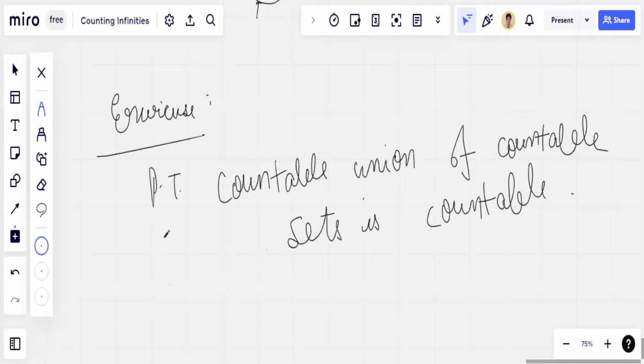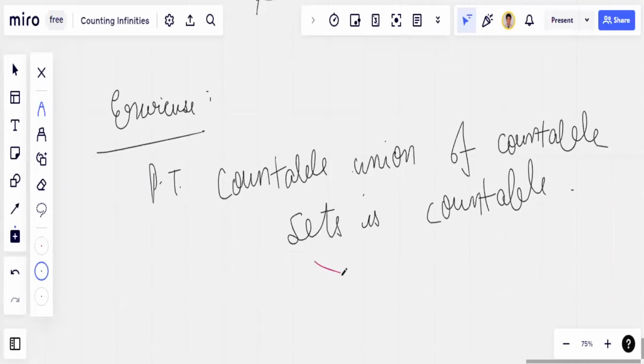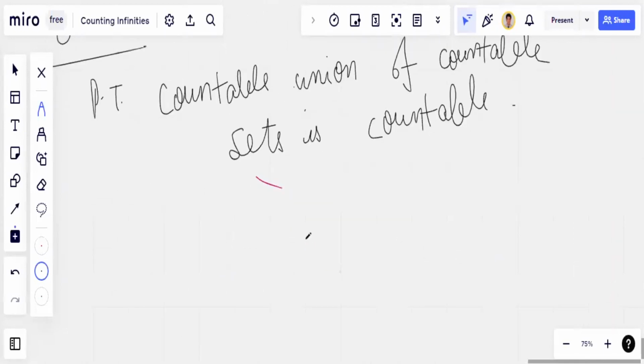This is an exercise which you can try later. Prove that a countable union of countable sets is countable. What it basically means is, suppose you have some set I of sets x1, x2, x3, and so on.